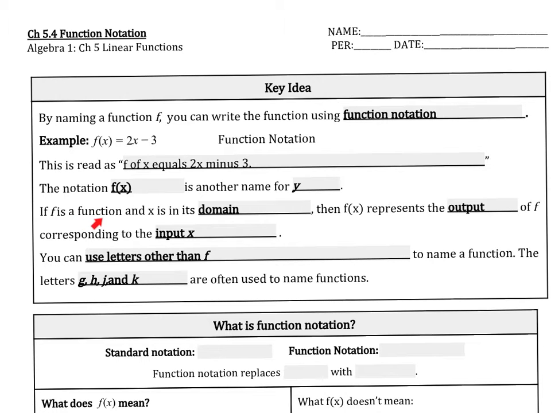If f is a function and x is in its domain, meaning x has a value that is valid for that function, then f(x) represents the output, or range, or y value. So f(x) represents the output of f corresponding to that x value. You can use letters other than f for representing the function.